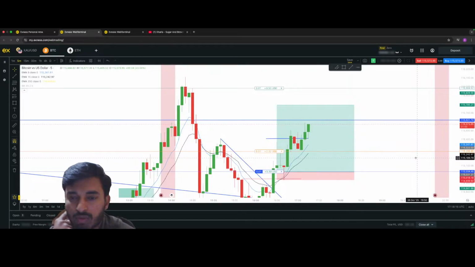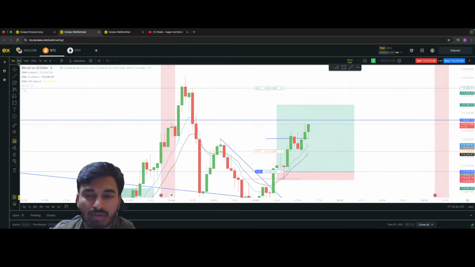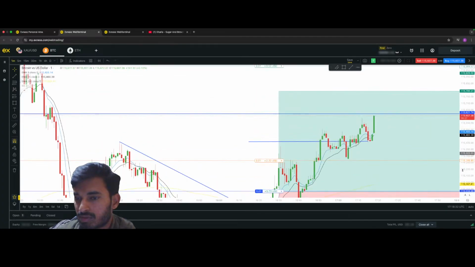Yes, it is going above. So if it goes above, then we'll shift the trailing stop loss to here.